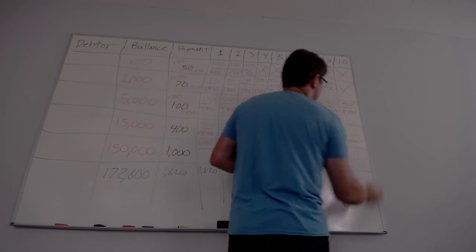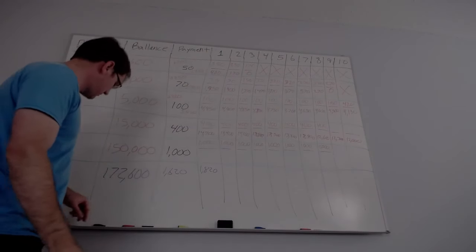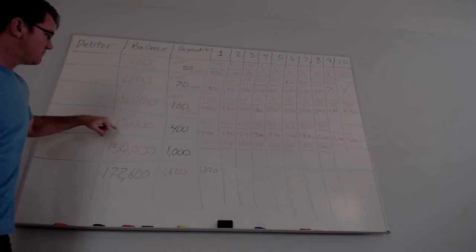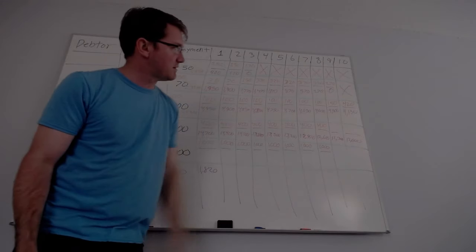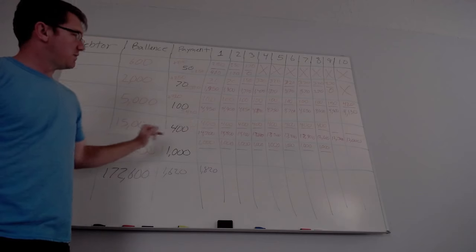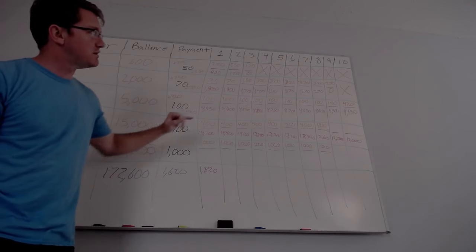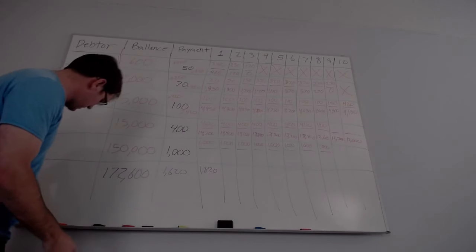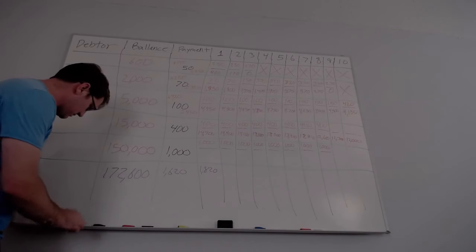Okay, so by the end of the 10th month, on our $15,000 car, we brought it down from 15 down to 12,000. If we went another 10 months, we'd probably bring it down another 3,000. So by the time that one's paid off, we'd have 9,000 left to pay off on it.